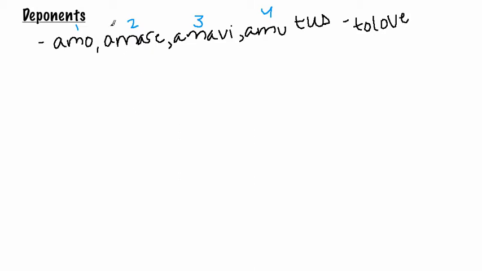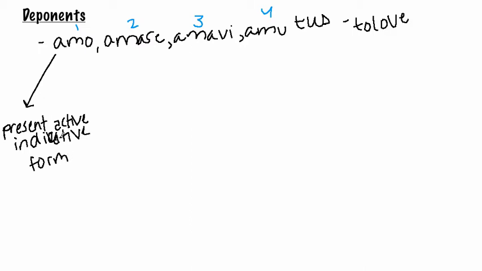Okay, so now let's label the verb. Your first principal part is your present active indicative form, and obviously it's your first person singular.